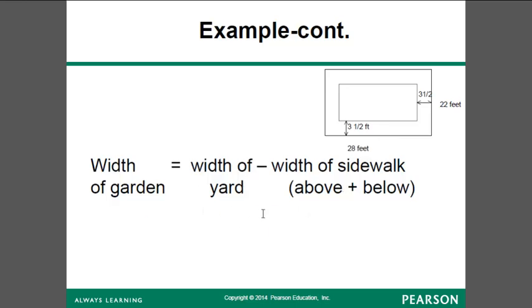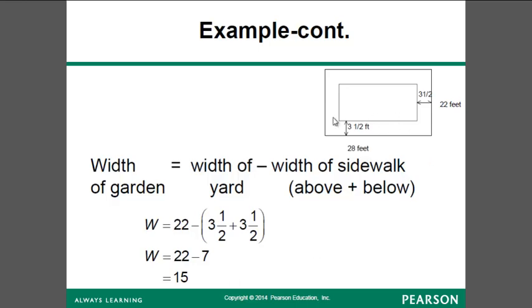Remember, the width of the yard was 22 feet, and each width of the sidewalk is 3.5 feet. So I'm going to take 22 feet minus the two widths of the sidewalk added together, which is 3.5 feet plus 3.5 feet. When I add 3.5 feet plus 3.5 feet, I get 7 feet. So I now have 22 feet minus 7 feet, which gives me 15 feet.